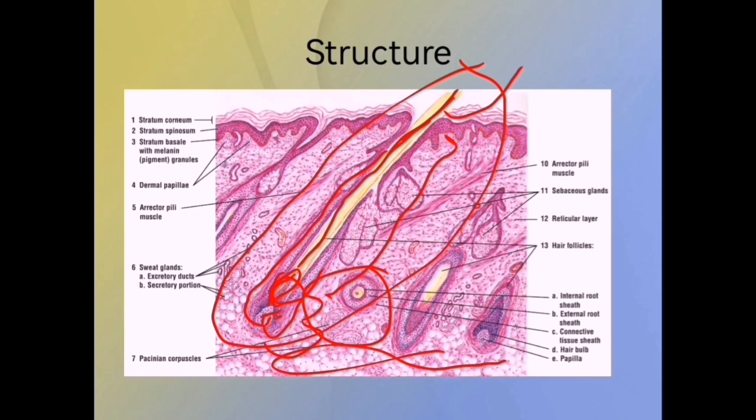First of all, we see this sebaceous gland here. We have this band of smooth muscle which we call the arrector pili. We also have sweat glands, these ones here.